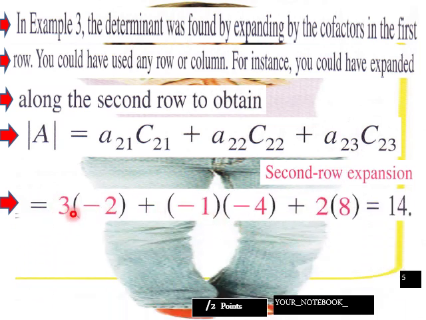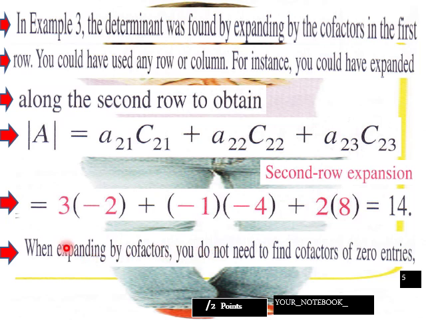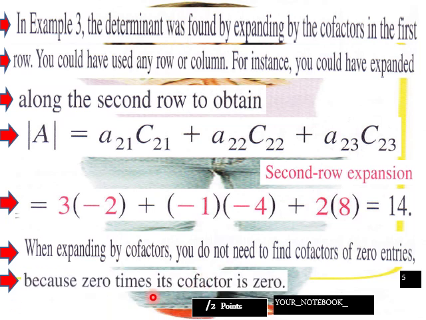And that would equal 3 times the negative 2 plus negative 1 times negative 4 plus 2 times 8 would equal 14. And when expanding by cofactors, you do not need to find cofactors of 0 entries. Just keep that in mind because 0 times its cofactor is going to be 0.